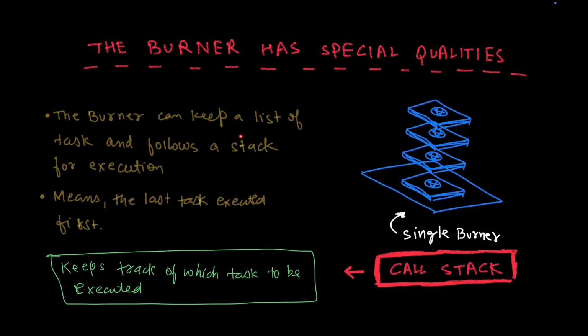It keeps a list of tasks and follows a stack for execution, meaning the last task is executed first. So the last one on the stack gets executed first, and then it proceeds subsequently.